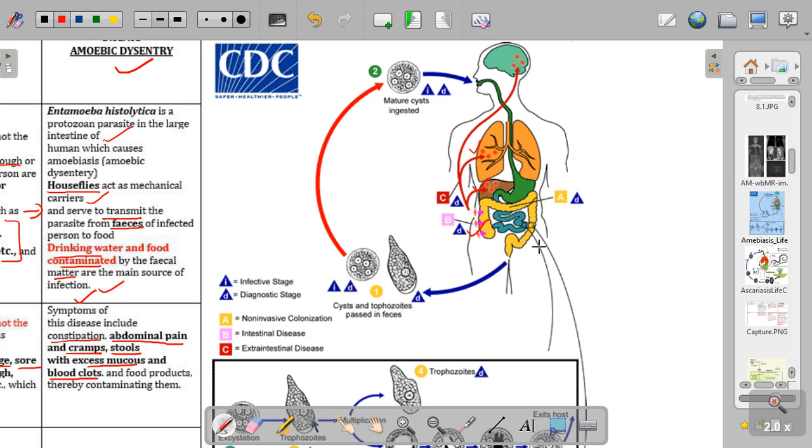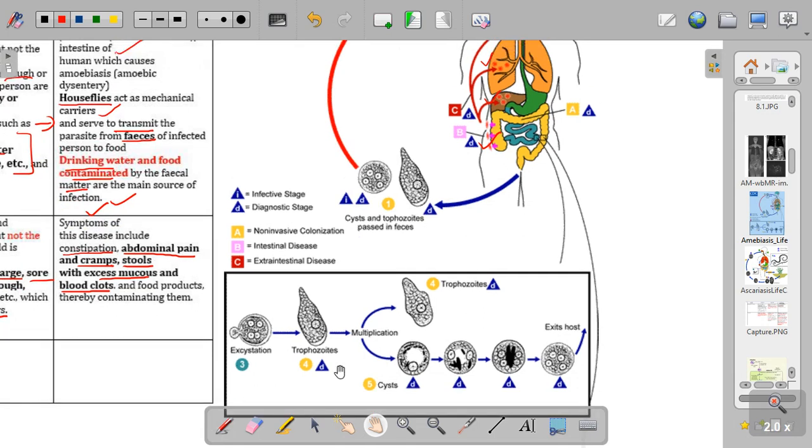That's the reason why a lot of water can be expelled out of the body. This is how the life cycle takes place, with the different stages of Entamoeba histolytica in our body.